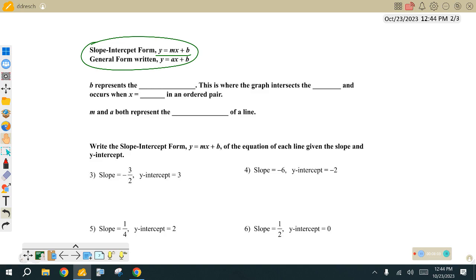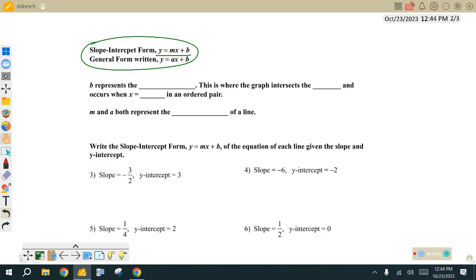Slope-intercept form. When I say slope-intercept form, in a perfect year, you guys should know what slope-intercept form is. Y equals mx plus b. You should know what the b is and what the m is.